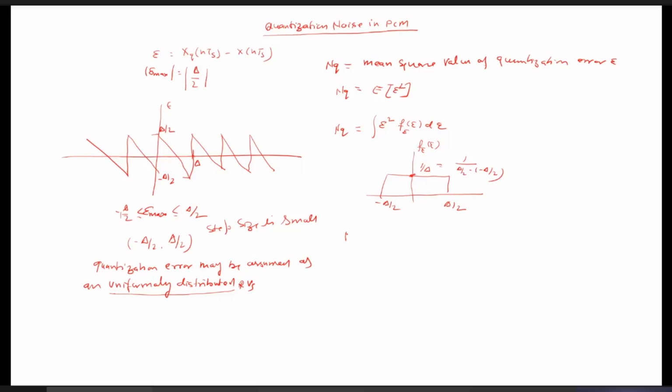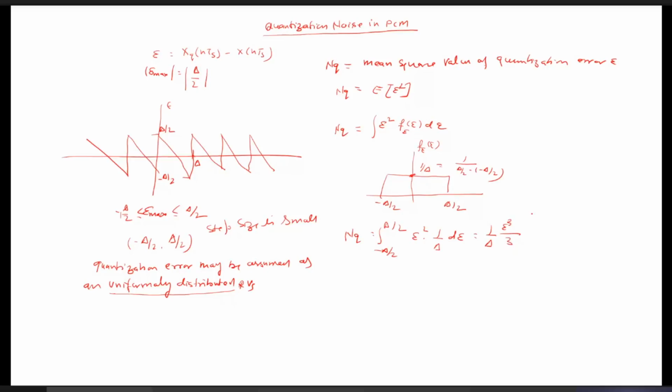Hence, NQ, the quantization noise, we can easily calculate. The limits of integration will be from minus delta by 2 to delta by 2, of epsilon square into the probability density function's value 1 by delta, d epsilon, which will come out to be 1 by delta times epsilon cube by 3.